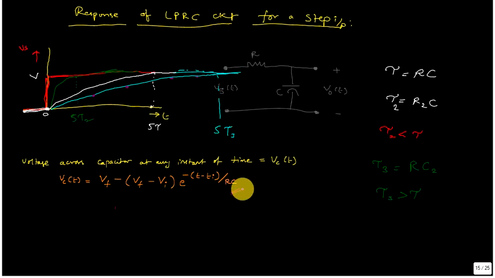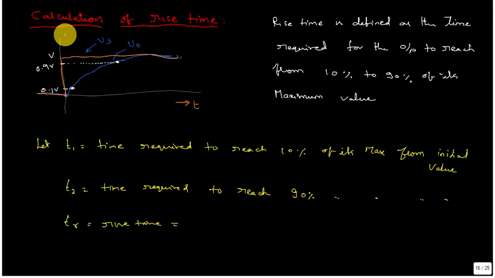Now we are going to define rise time and derive the expression for it. So calculation of rise time is our next point. This blue line is the output response of a low pass RC circuit when a step input of V volts is applied.